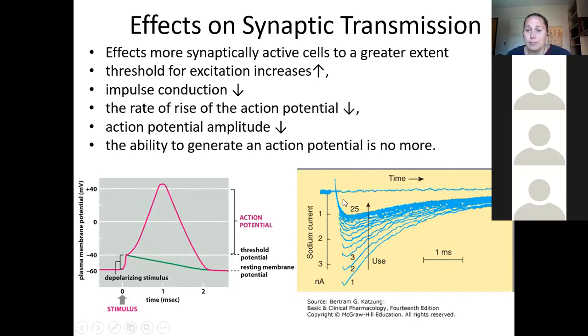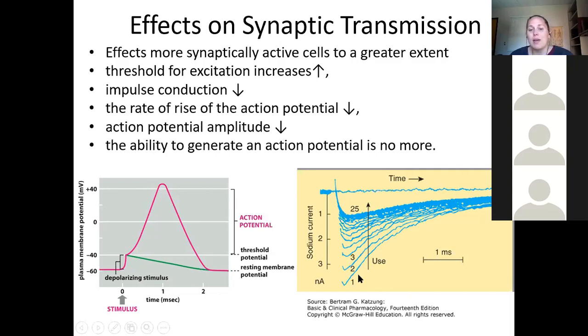Here, what we were looking at is a recording of a single cell with repeated stimulation. Over time, as that cell undergoes more stimulation, the block of the synaptic activity increases, and you can see that as a function of the amplitude of this sodium current.